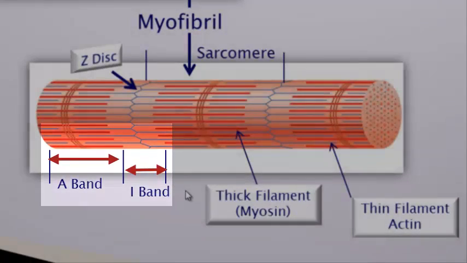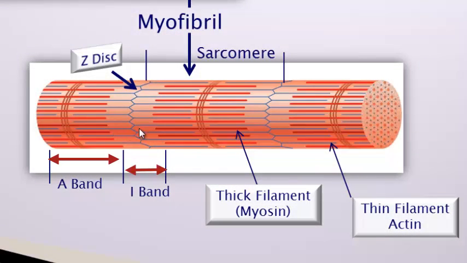Now let's take a look first and see what's in the A and the I. Well, if you look closely here, you'll see that you got these red, thicker appearance of fibers, and then you have these blue ones. A myofibril is composed of two types of filaments. They're composed of the thick filaments, the red ones here depicted in red, and the thin filaments that are depicted in blue.